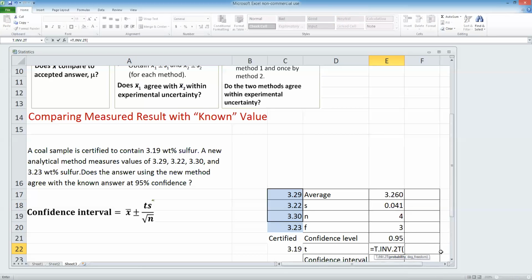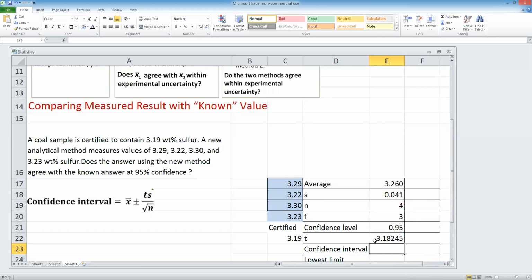The probability is 1 minus the confidence level, and the comma. And then the degrees of freedom is 3. So parentheses and enter. That's the student t number for the confidence interval.